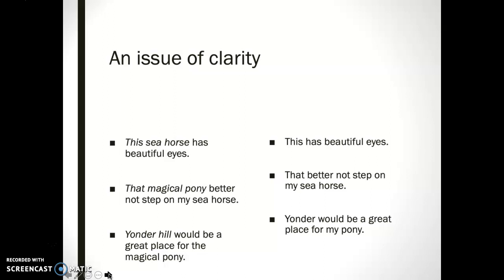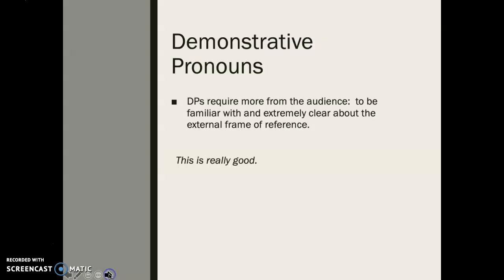Again, we're very clear here about what we are talking about. But if you remove the noun in the sentence on the right, then you have less clarity. So basically, you want to be as clear as possible in your usage, especially when you're writing. Demonstrative pronouns require a lot from our audience, and they oftentimes function in our conversational usage.